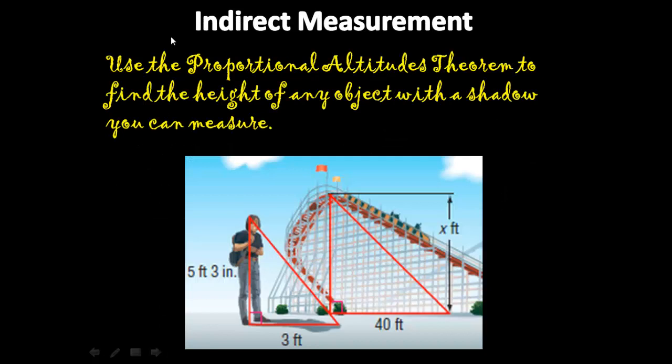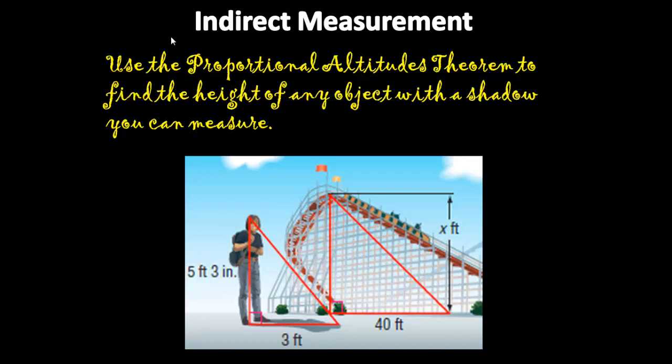So we come up with indirect measurement. Realize that when we're doing indirect measurement, we're still using similar triangles. What we're doing is applying what we've already learned about similar triangles to real-world situations. Indirect measurement uses the proportional altitudes theorem to find the height of any object with a shadow you can measure.